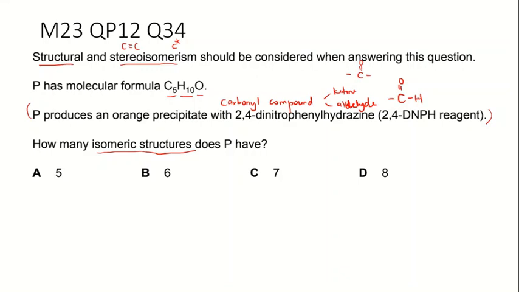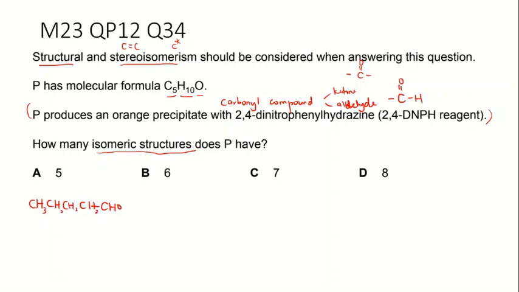The functional group C double bond O is at the terminal, so I'll just write CHO at the end. I've used one carbon for the CHO, so that means I have another 4 carbons. I always start with the straight chain isomer because it is easier.